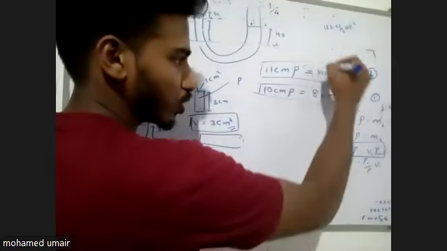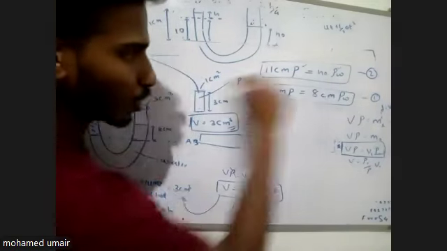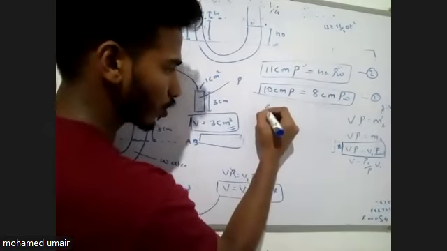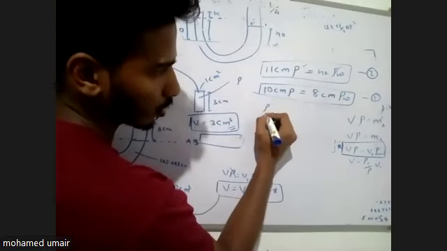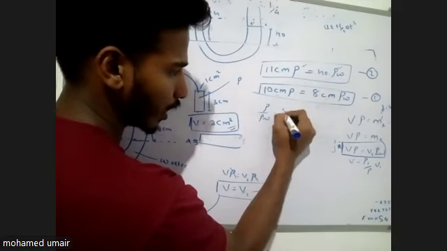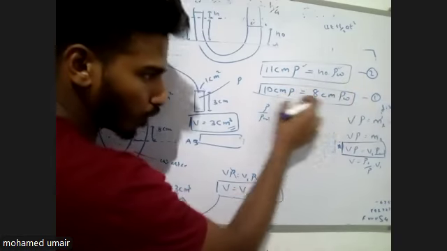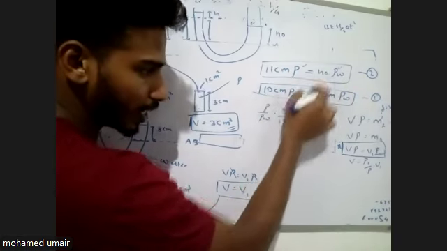Now I want to find this height h naught. So from here, I will equate, let's say rho over rho W, is equal to 8 divided by 10.